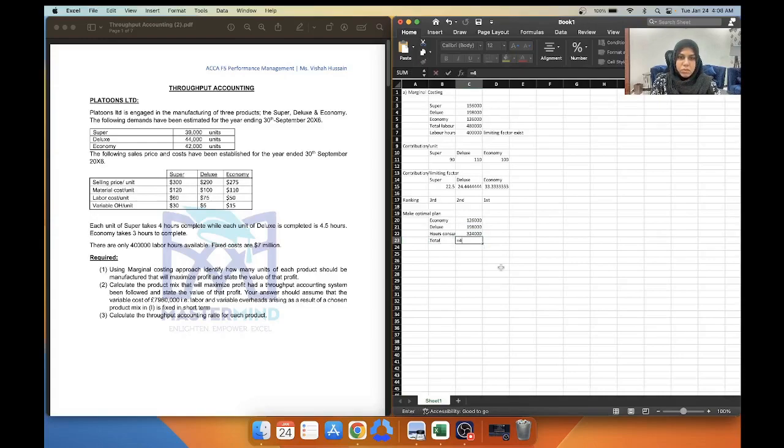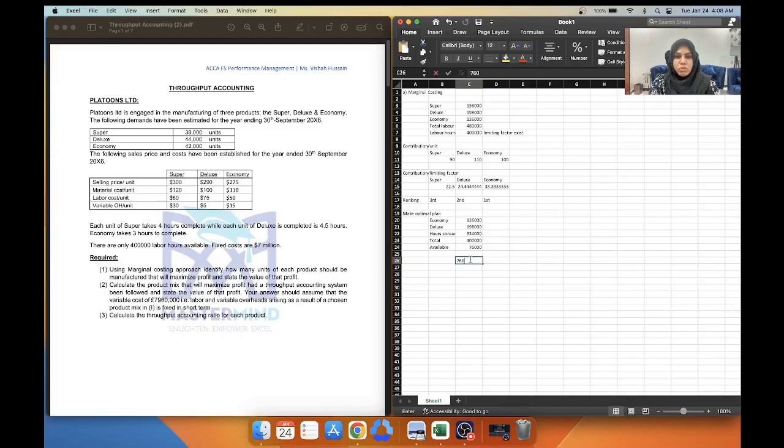Total we have 400,000 hours available. So we're going to subtract 400,000 minus 324,000 to get the available hours for producing super. Now these are the hours that super is going to consume, but how many units will super make?